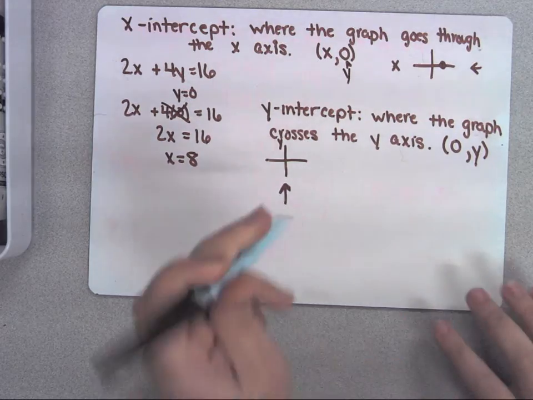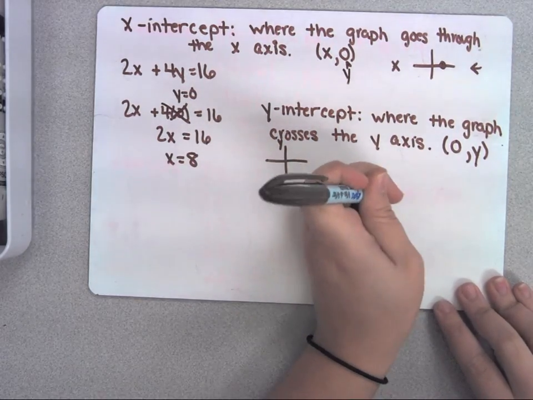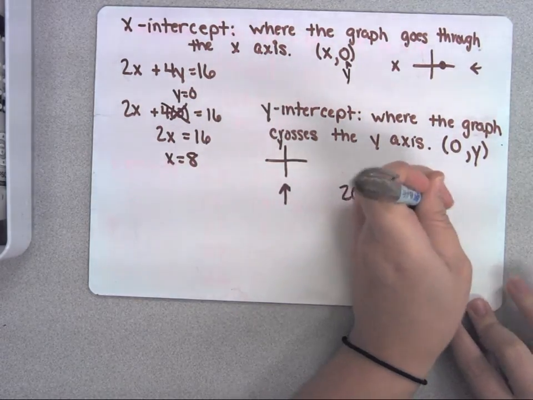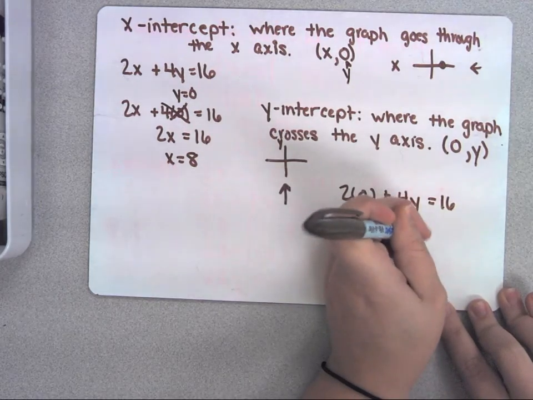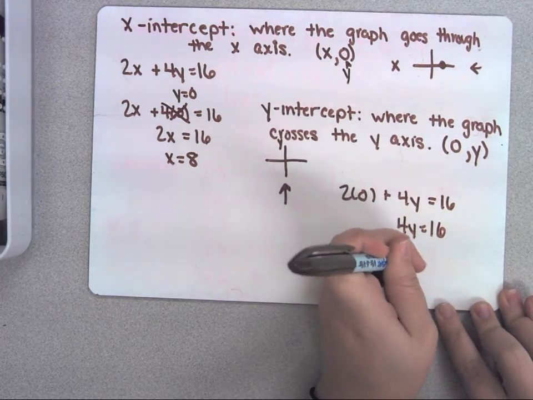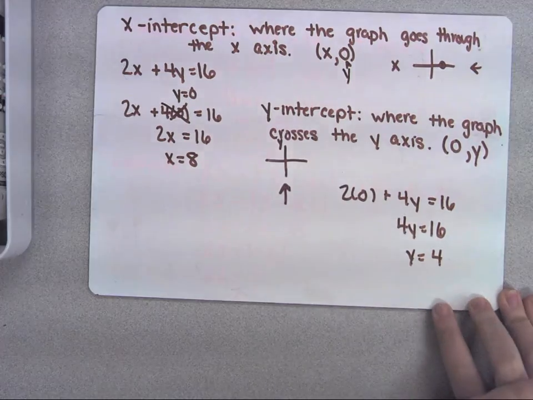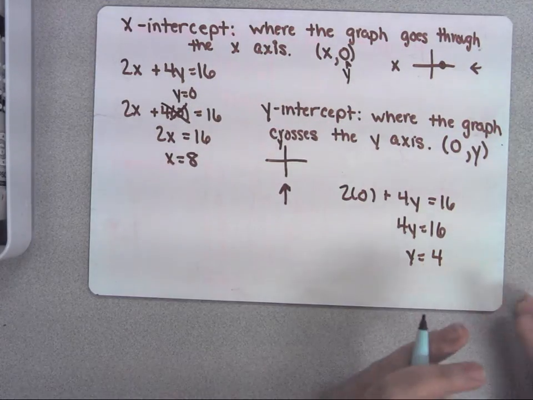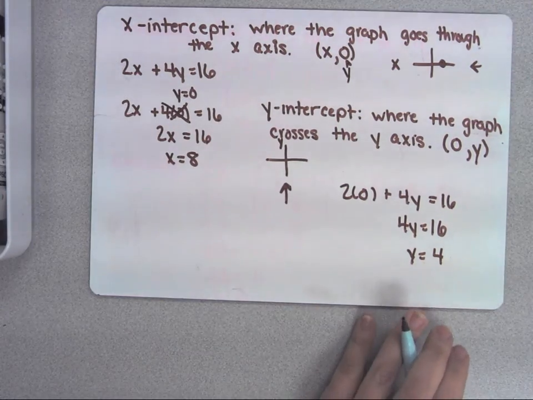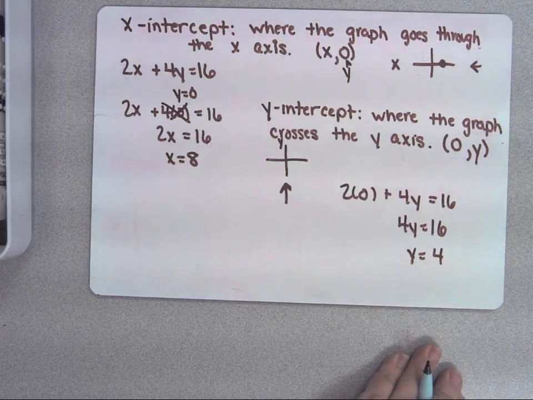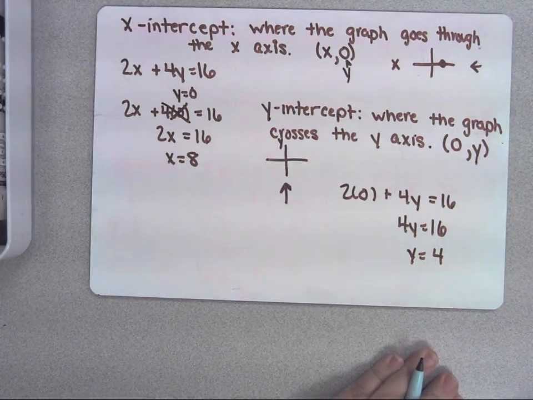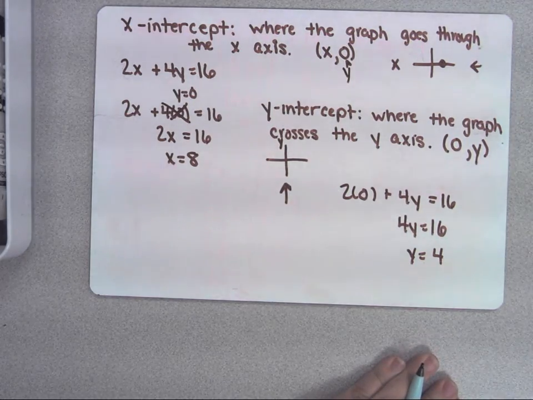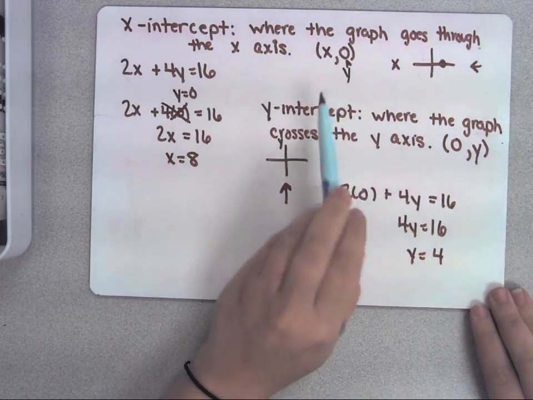So then it's just 2 times 0, which really means it's nothing. 4y equals 16, which means y equals 4. So if it asks you for the x-intercept by itself, you would just say x is 8. If it said, where does the graph intersect the x-axis, you'd have to say the legitimate ordered pair.